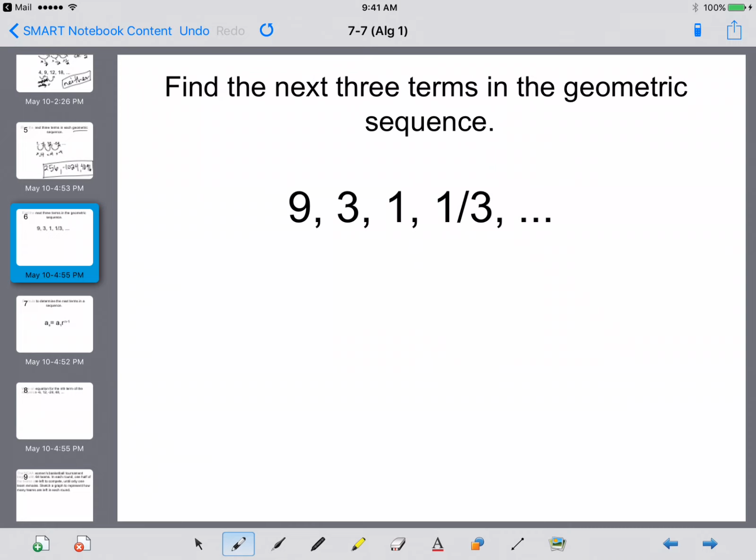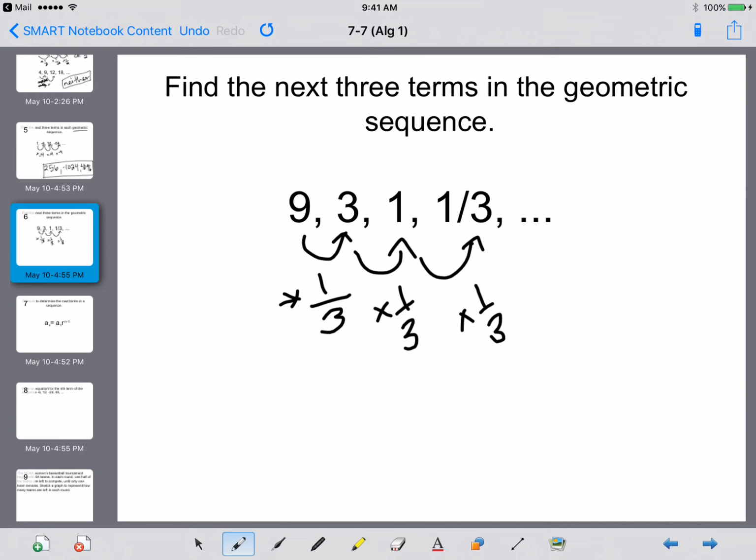And once again here, to get from 9 to 3, it's getting smaller, so it's going to be a fraction. I know that 9 divided by 3 is 3, which is the same thing as multiplying by 1/3. 3 times 1/3 is 1. 1 times 1/3 is 1/3. 1/3 times 1/3 is 1/9, because when you multiply fractions, you just multiply straight across. 1/9 times 1/3 is 1/27.